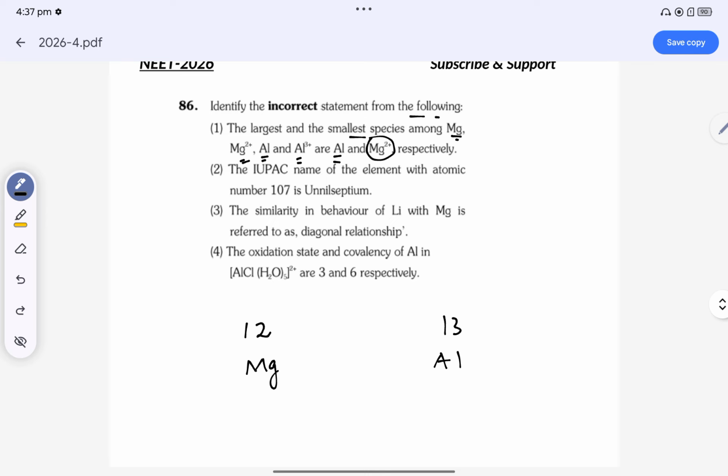Whenever we move left to right in the periodic table, just imagine the periodic table, what will happen? Electrons are added in the same subshell. The net result is that the atomic radius decreases.